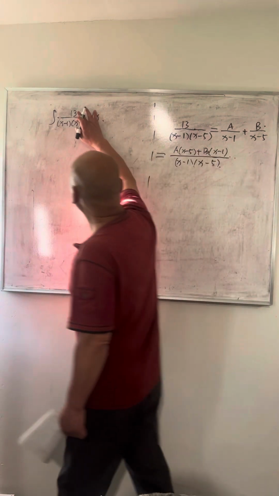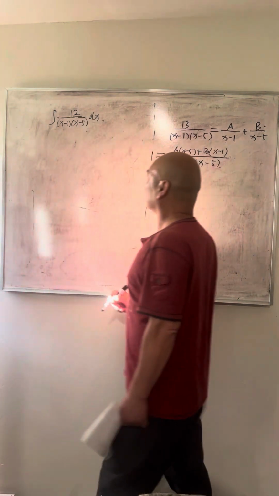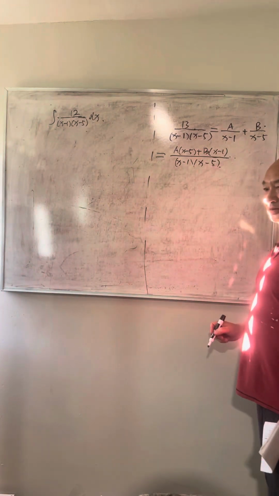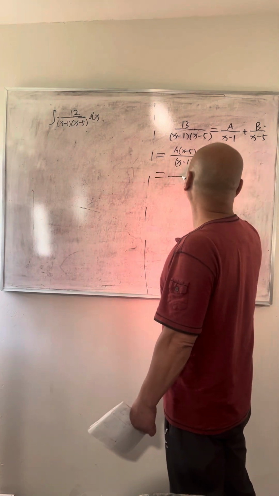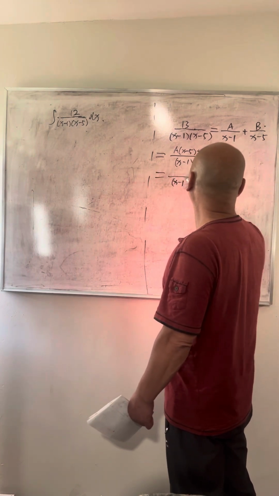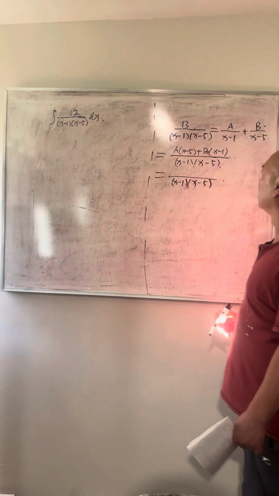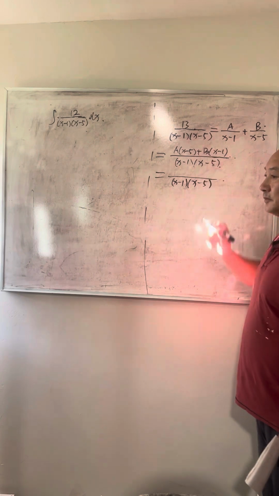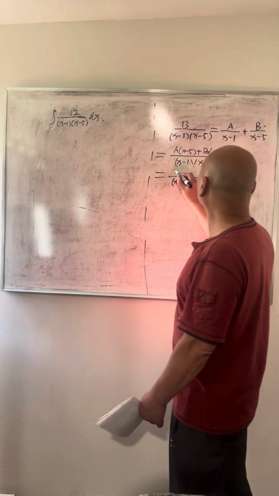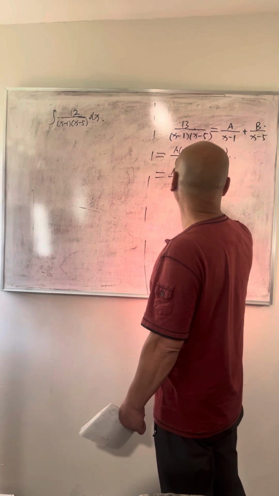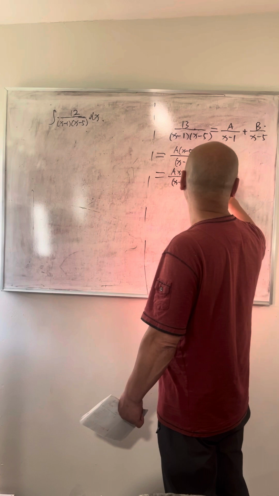Let's make this a little bit simpler. Now we calculate the numerator and collect a common factor: ax minus 5a plus bx minus b.